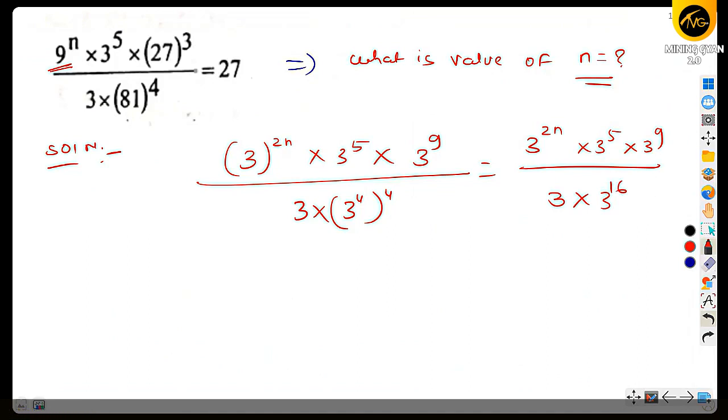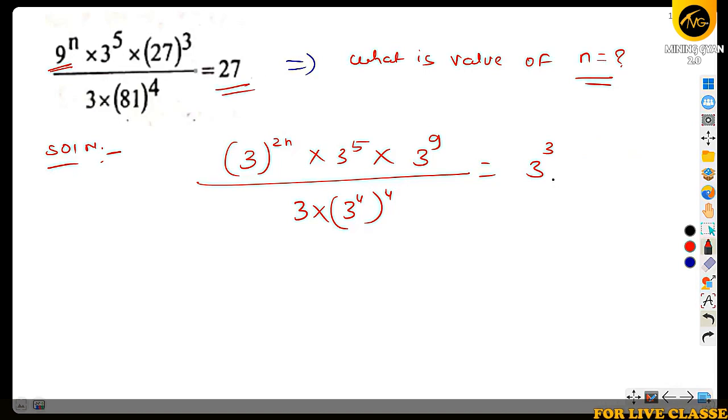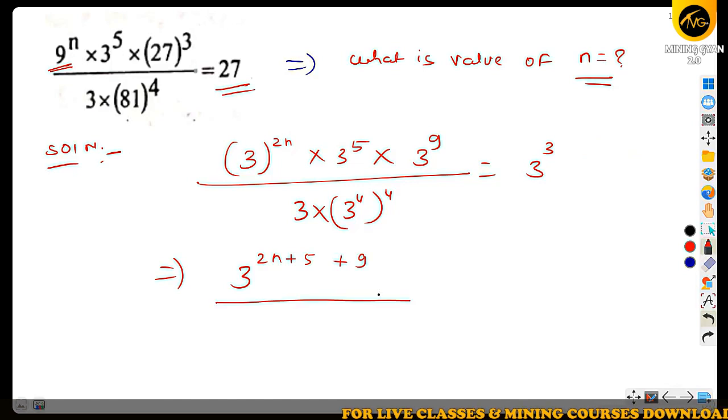Clear? Okay, on the right hand side is 27, that means 3 cube. Now in this case we can write 3 power 2n plus 5 plus 9, and whole divided by 3 power 16 and 3 power 1, that means 3 power 17. On the right hand side, 3 cube.